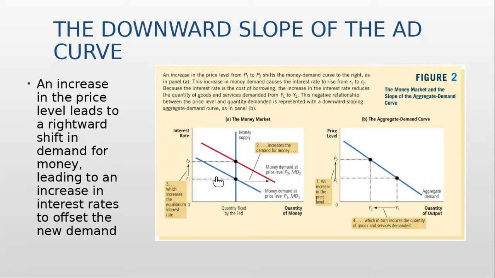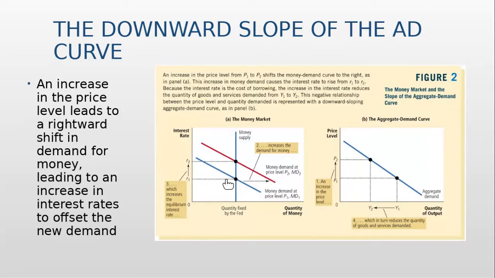By this reduction in aggregate demand, we see that there is an increase in the demand for money because with a higher price level, more cash is required to be held in order to purchase the same goods as before. With an increase in the demand for money, this of course corresponds to an increase in the equilibrium interest rate. So a higher interest rate is the result of the higher demand for money.